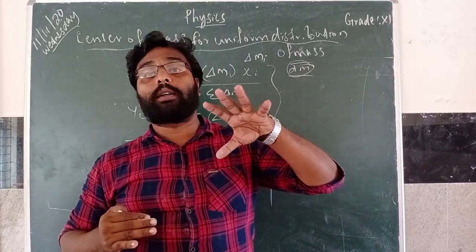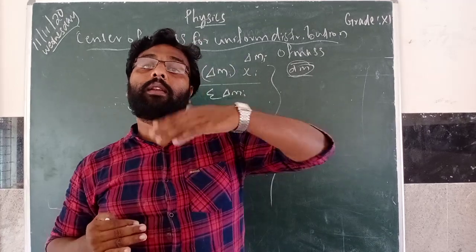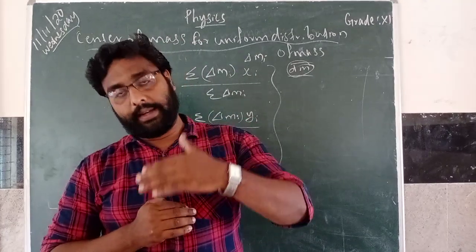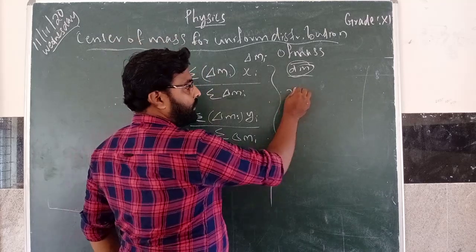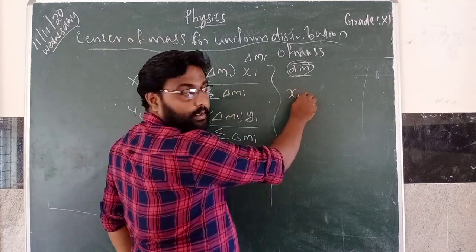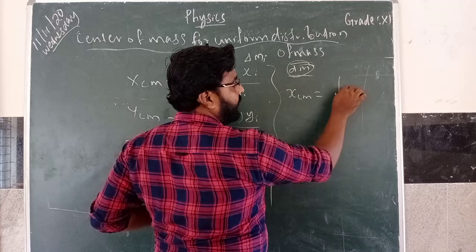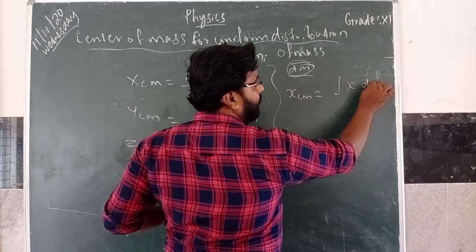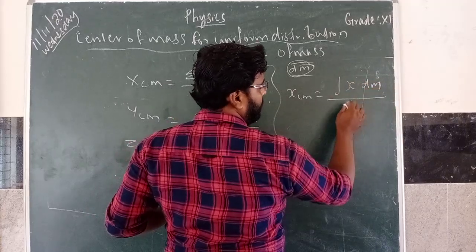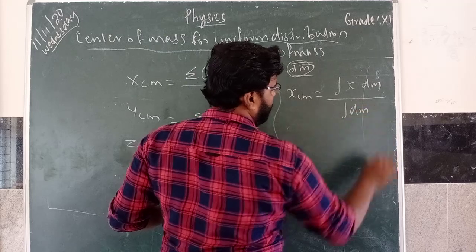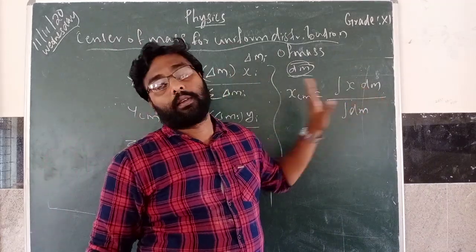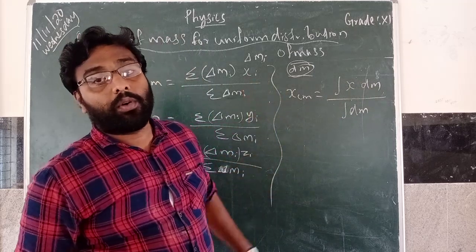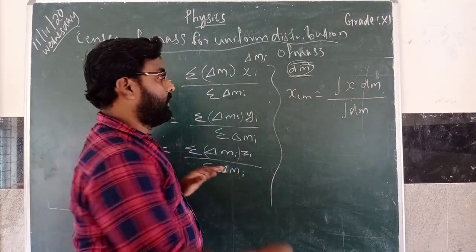So the whole mass after distribution you can integrate. You can use this formula: x cm equal to integration x dm by integration dm. Now if you integrate this, you will get the result for the whole body.